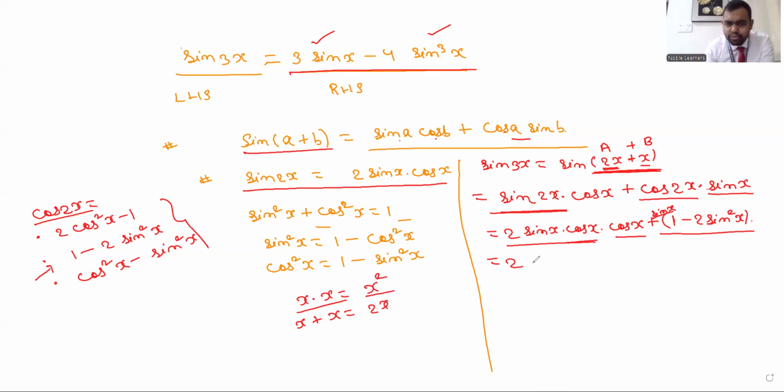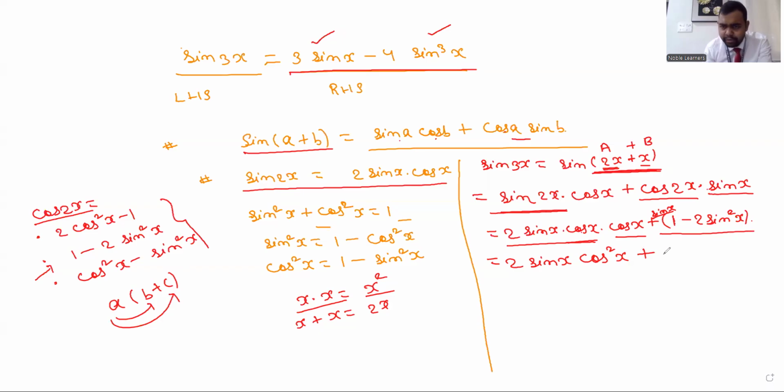So I'm going to write 2 sine x, and then cosine x times cosine x is going to make cosine squared x, okay. And again, this one I'm multiplying over here, so I'm just distributing, this distribution property a times (b plus c). So I need to multiply this over here and over here as well. So same thing I'm doing.